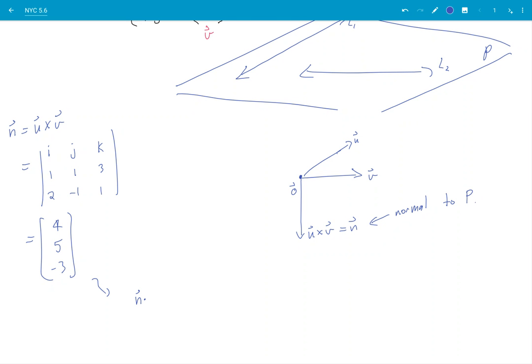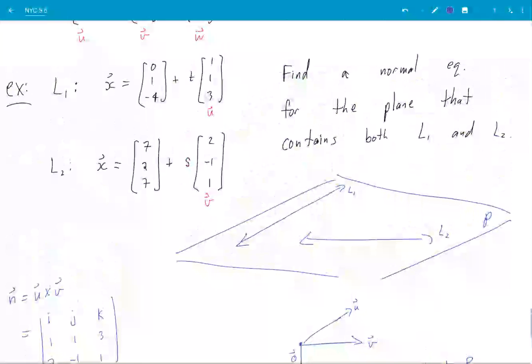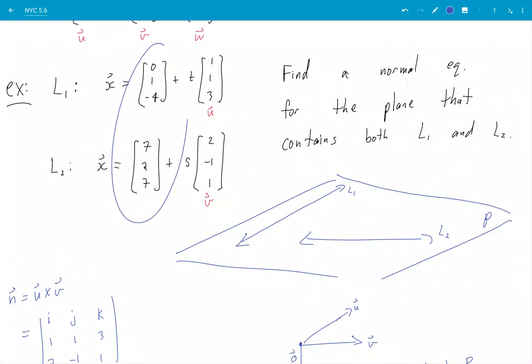And I can just use my formula, n dot x minus x naught is 0, which becomes 4, 5, minus 3 dot x, y, z, subtracting what? Well, I need a point on the plane. Where can I find such a thing? Well, the plane contains both lines, so it contains both of these points.